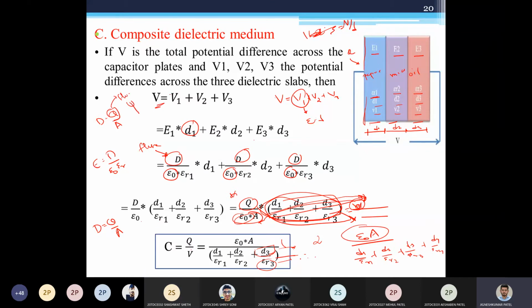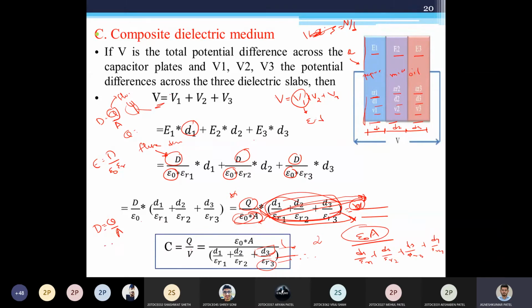Flux is represented by psi, but whenever I talk about flux for a charge Q, my psi would always be equal to Q. That's why instead of psi, I can directly put Q, that is the charge on the plate. My flux will be directly dependent on the charge available. So flux would be Q. Okay, this is flux density. So I can directly put D is equal to Q by A.